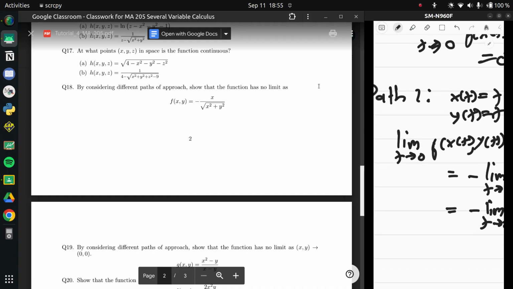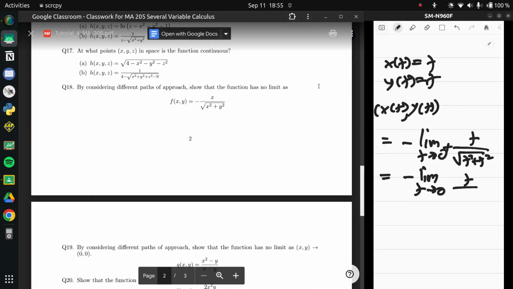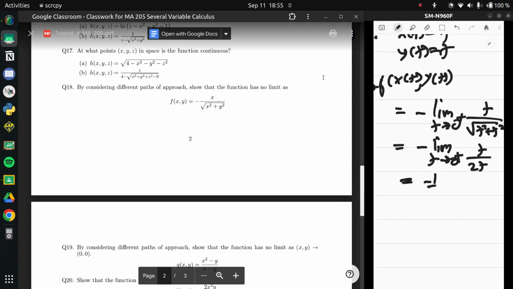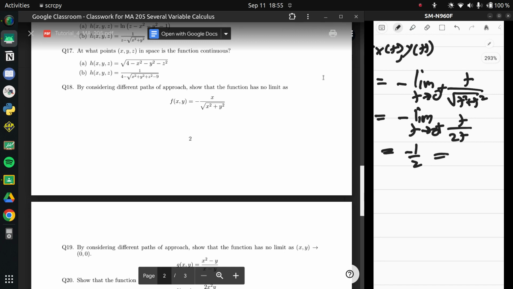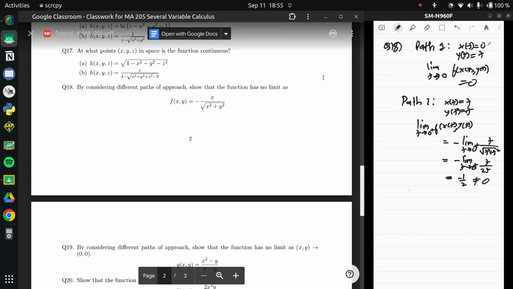So in fact we can just take the limit as t tends to 0 plus, because it should still be the same value. Taking it 0 plus means that we can simplify stuff. So this would just be the same thing as 2t, so this would be negative 1 by 2, which is not equal to 0. So by different approaches you can see it doesn't work out.